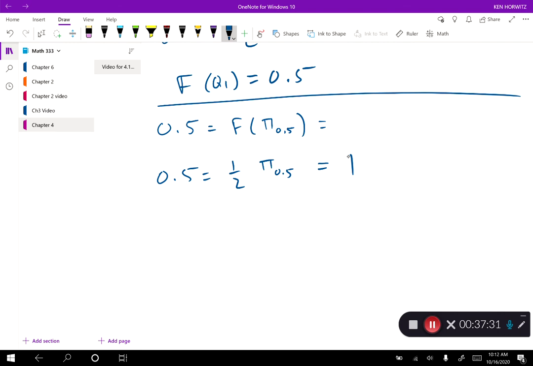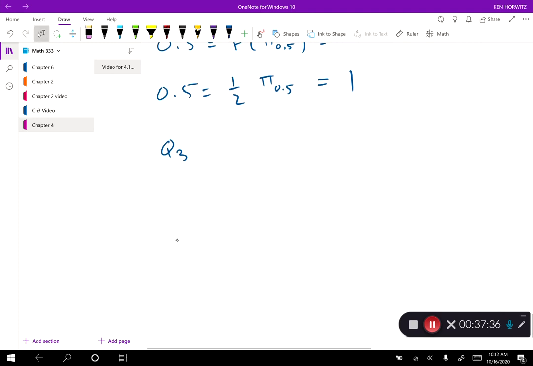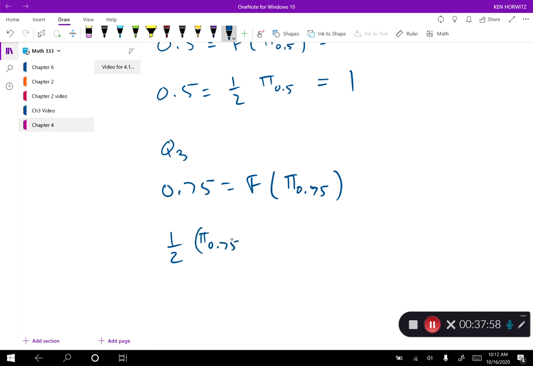And then if we want to do Q3, I do 0.75 equals F pi of 0.75. So that equals, right, plugging it into my function, 1/2. Actually, if you don't mind, I'm going to change that to 3/2.